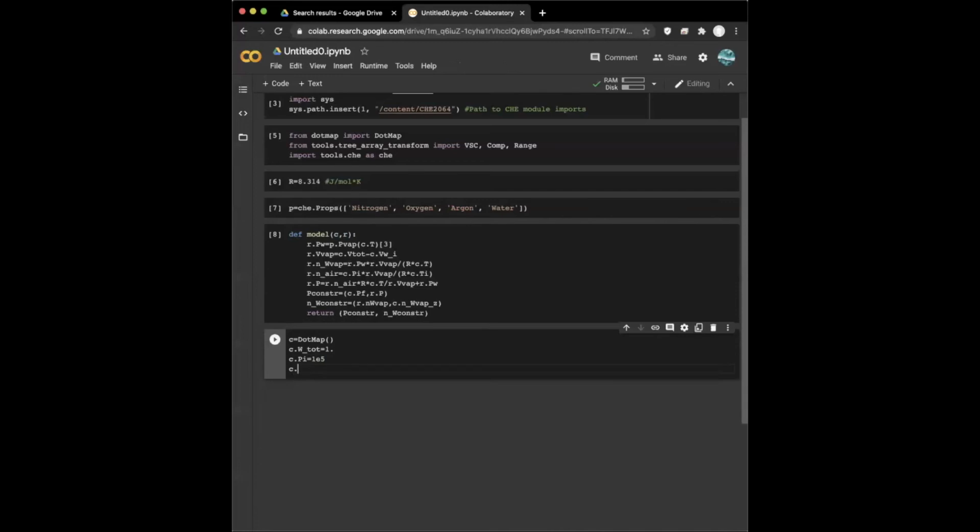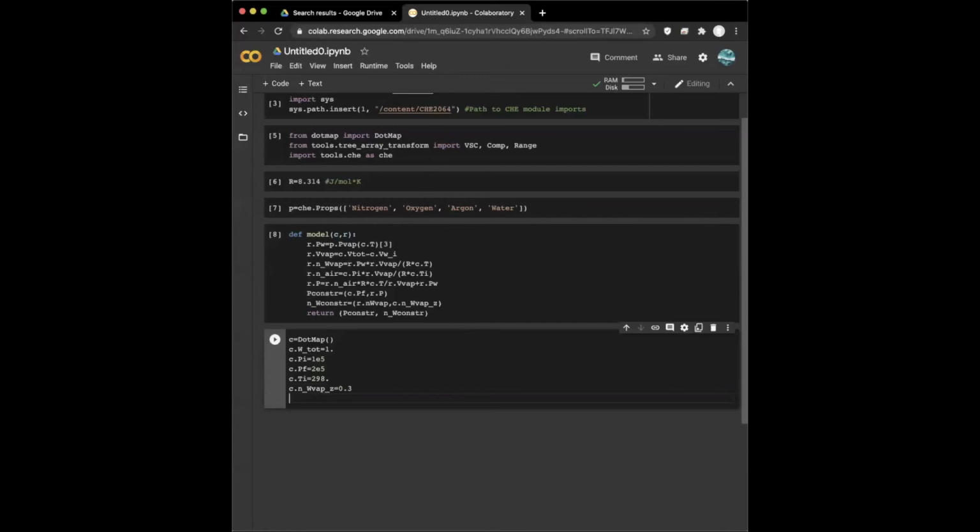And we'll do C dot PF, and that is going to be 2 times 10 to the 5th. And then we're going to have C dot TI, which is our initial temperature. We're going to have 298. Then we're going to have C dot N underscore water vapor underscore Z, and we're going to have 0.3. That's how many moles of water vapor that we want.